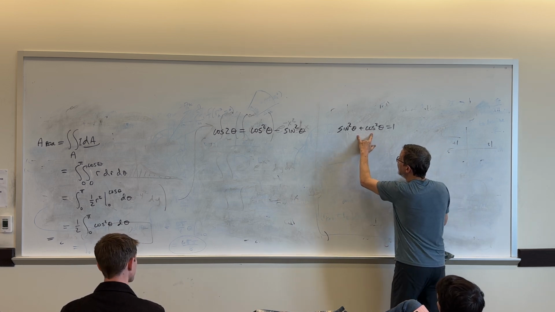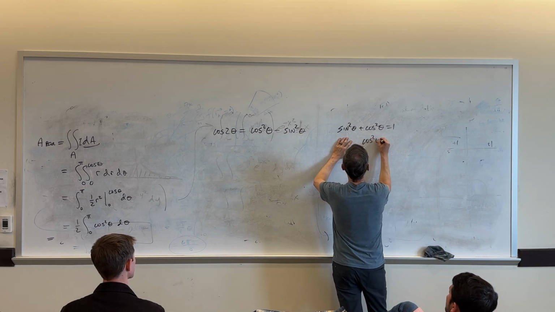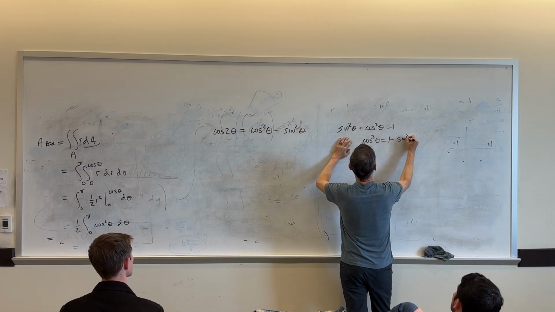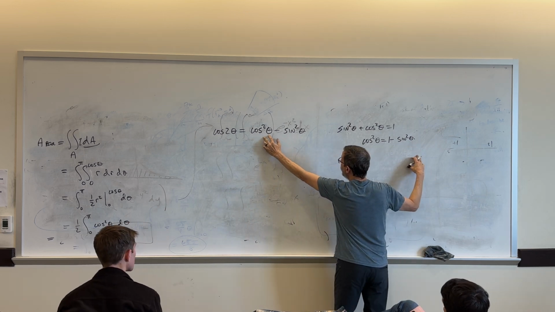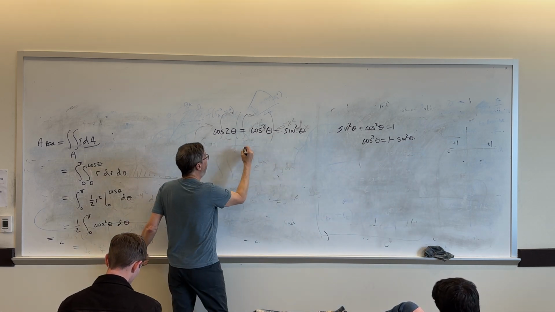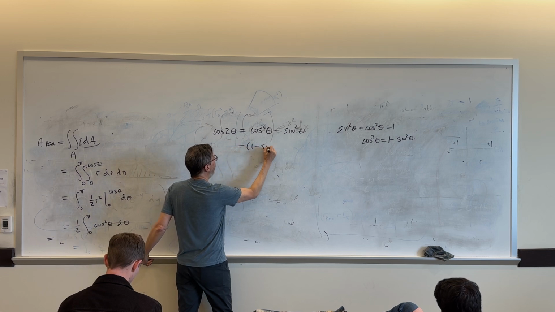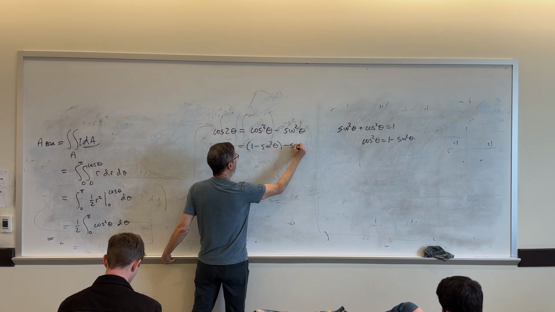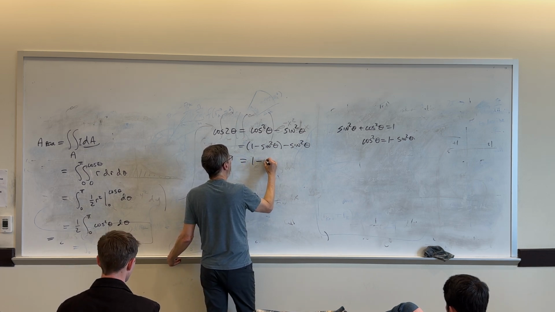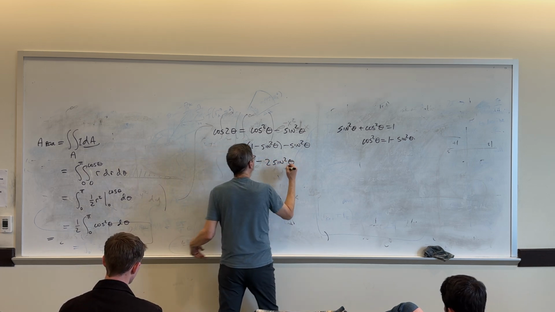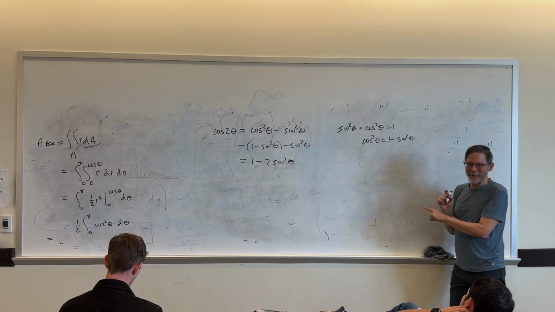If I take this, I could rewrite it as cosine squared of theta equals 1 minus sine squared of theta. And then I could replace this cosine squared here with 1 minus sine squared of theta, and then I already had minus sine squared of theta. So another version of this formula is 1 minus 2 sine squared of theta.